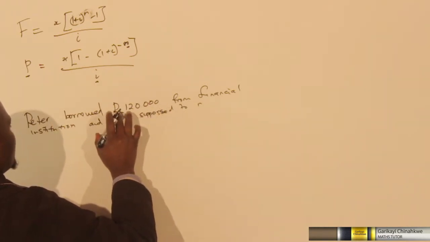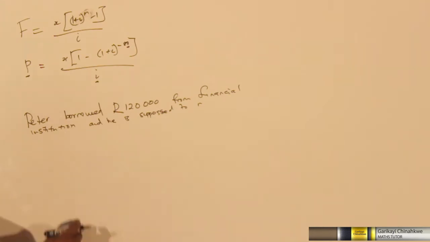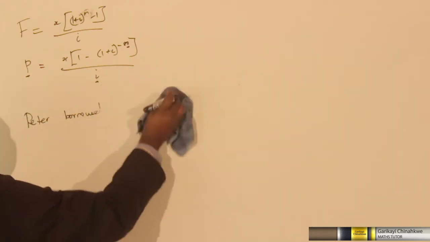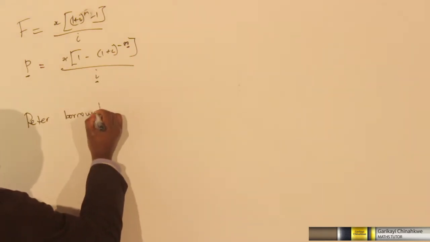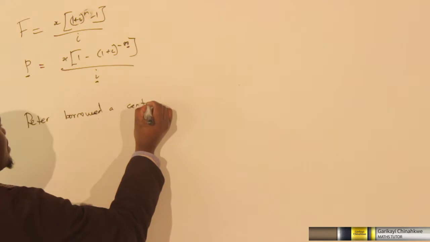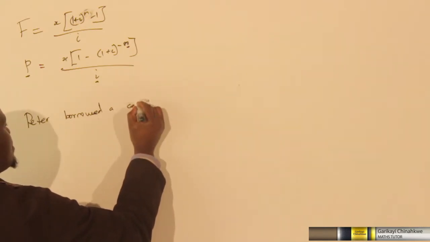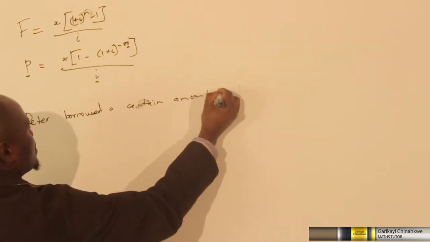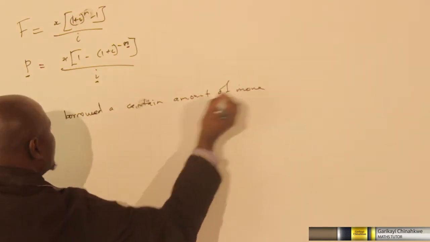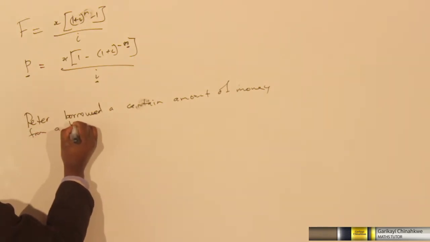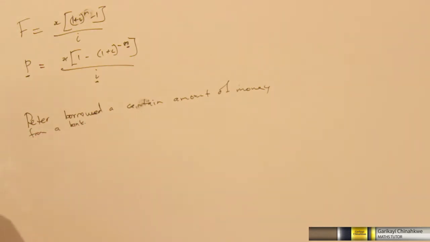Oh, okay. I want you to determine the value of P, but already I've given you the value of P. Let me say Peter borrowed a certain amount of money from a bank.